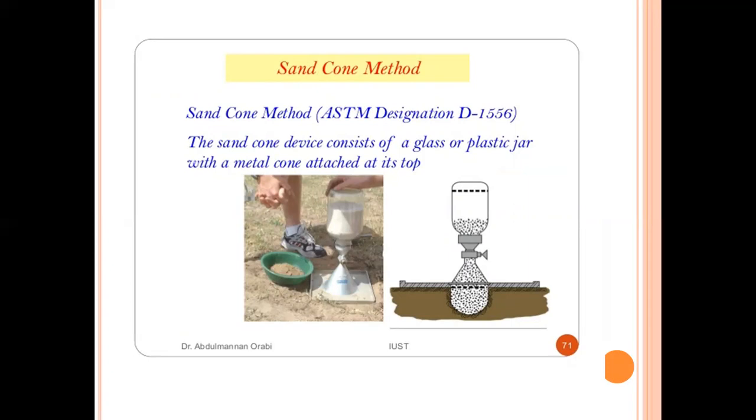The device consists of a glass or plastic jar with a metal cone attached at its top. This is the figure of field testing. This is the cone shape. The jar material is glass or plastic.